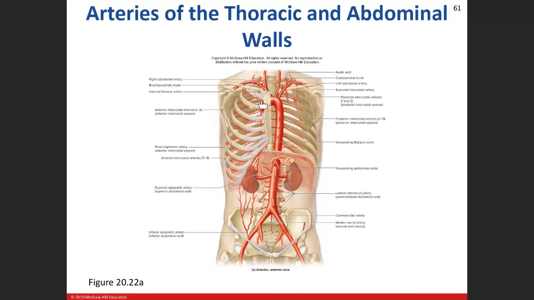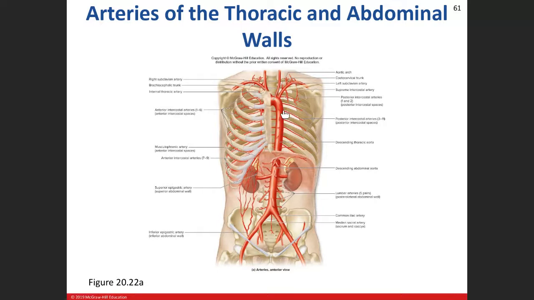Here's the internal thoracic artery, right? So it travels down, and it's going to give off 6 branches, and these 6 branches will travel on the underside of the ribs. And they're going to meet up with the posterior intercostal arteries on the backside, okay?